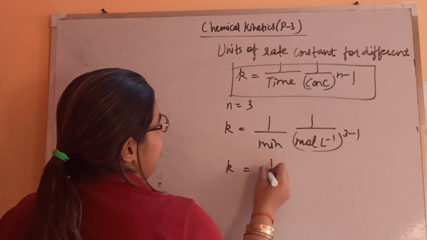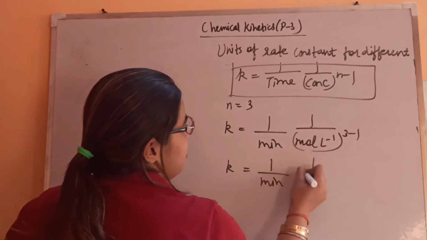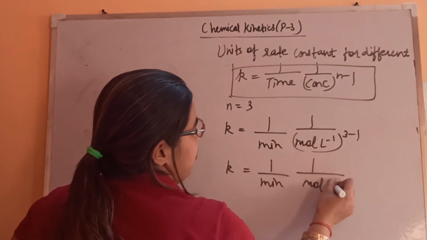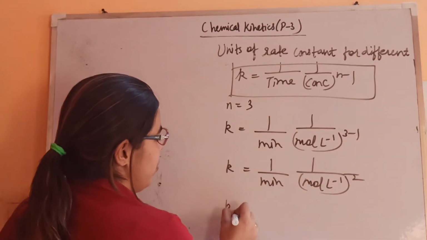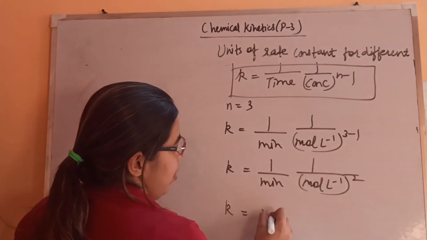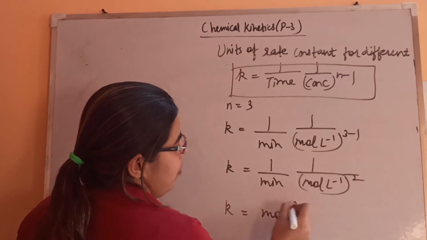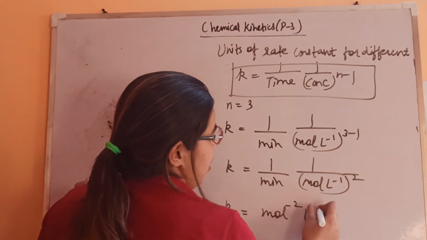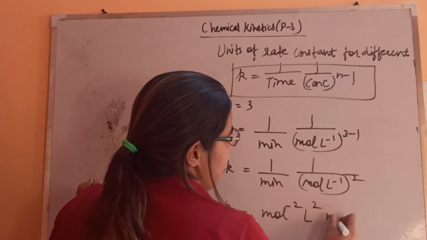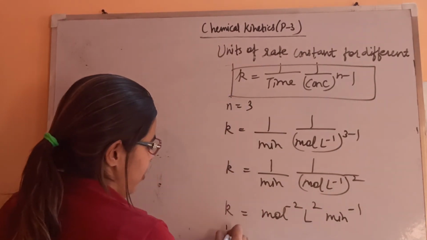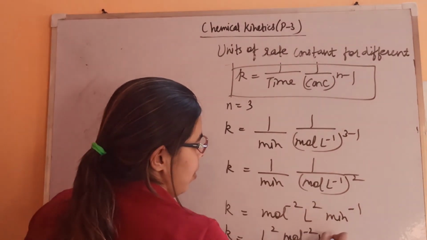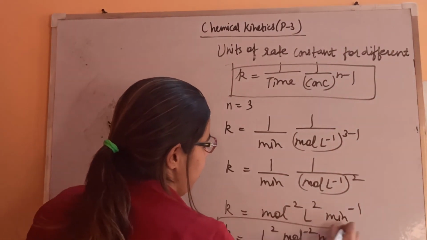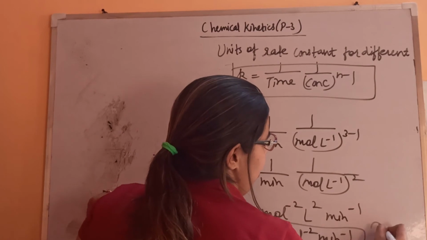So K is equal to 1 upon minute, moles per liter to the power 2, and when it comes to the numerator, it will become per mole whole square, liter square per minute. So if we write in order, liter square per mole square per minute. So these are the units for third order reaction.